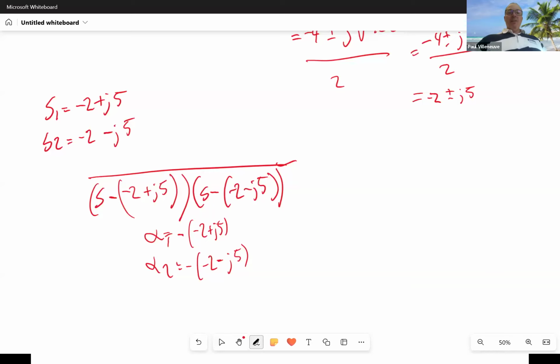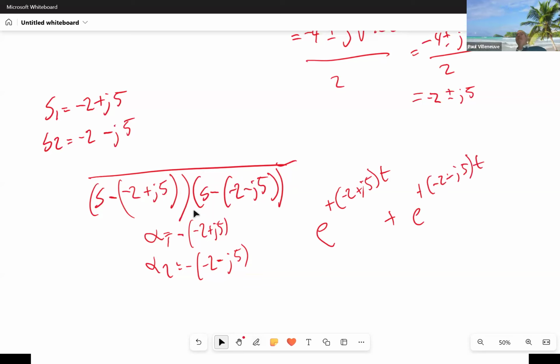And in the Laplace domain, we're going to get this. You see many expressions in the real world that have e to the j something in them? I don't. So here's what happens when you have complex roots. Here's a suggestion.